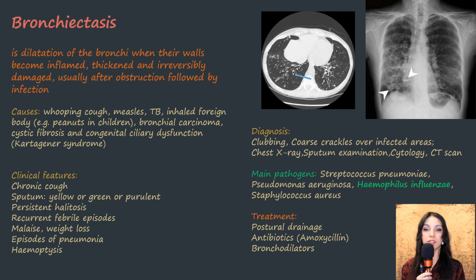Main pathogens: the most common is Haemophilus influenzae, and also could be Streptococcus pneumoniae, Pseudomonas aeruginosa, and Staphylococcus aureus. Treatment: postural drainage, antibiotics for acute exacerbation, usually according to the organism, usually amoxicillin. And if there is evidence of bronchospasm, bronchodilators.